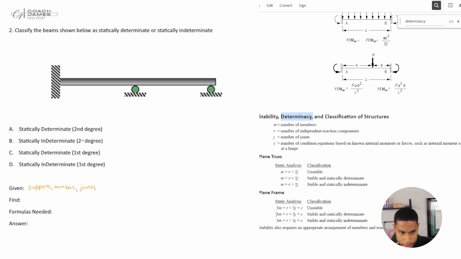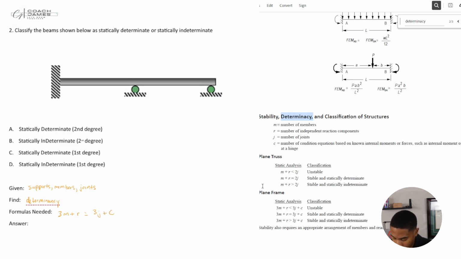And we're trying to find the determinacy. Okay, so for this particular one, the formula we need is similar. Going to be still in this frame section. So how do we attack this? So we start out by writing out our equation, right? 3m plus r is equal to 3j plus c.